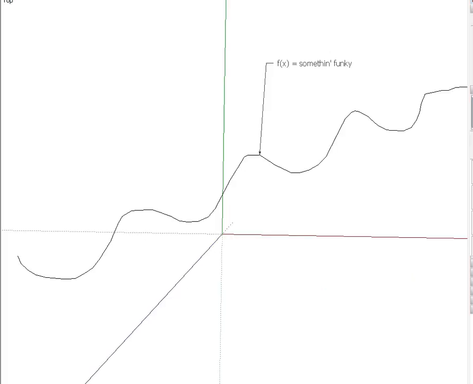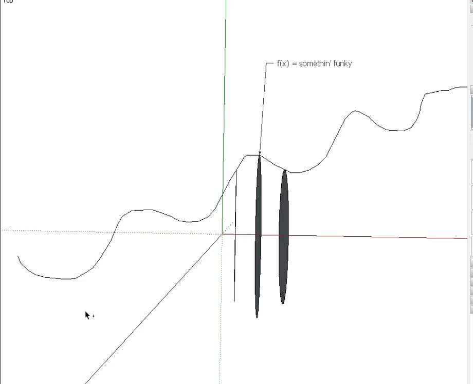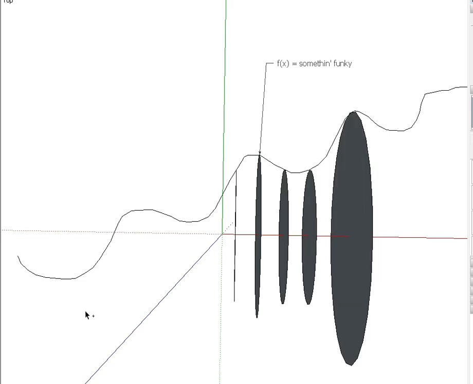Now, of course, that's the general idea. F of x is not always going to be some nice little f of x equals x straight line. It could be something funky, you know. So you'll have to find the volume as these circles change, as the radius changes following that funky function.